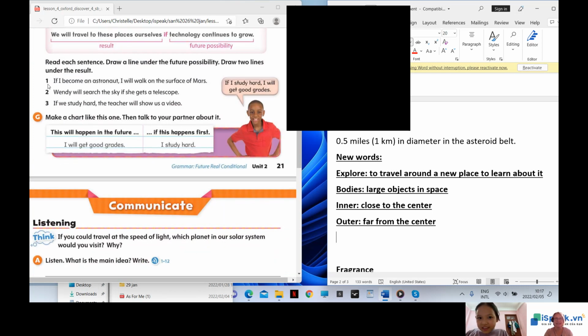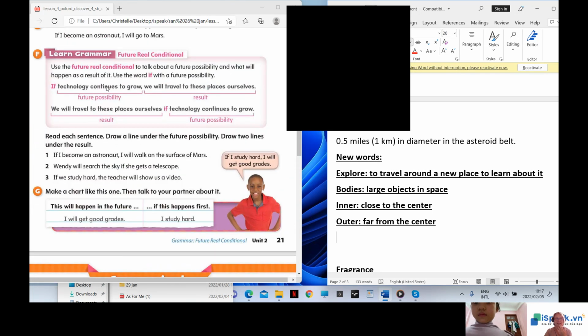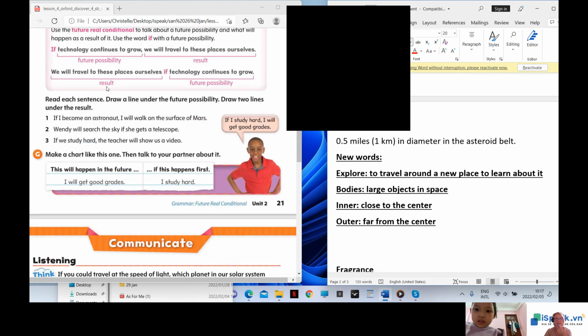Do you see the sentence number 1? If I become an astronaut, do you see that? Yes. So, what is the possibility? What part of the sentence? The first part or the last part? What is the possibility? The future. What part tells us about the future? The possibility. If I become an astronaut, do you see?